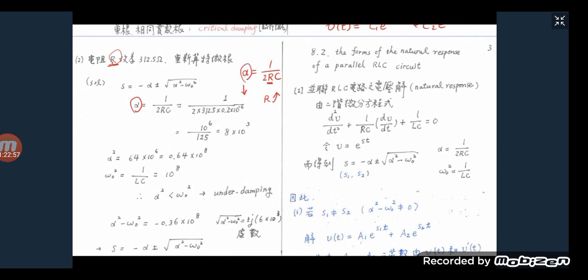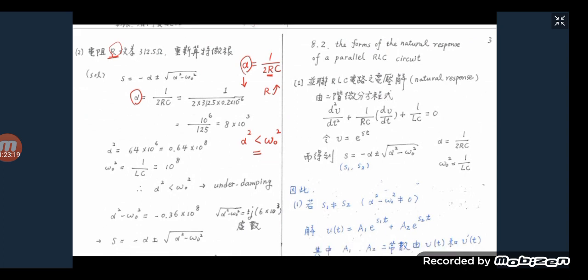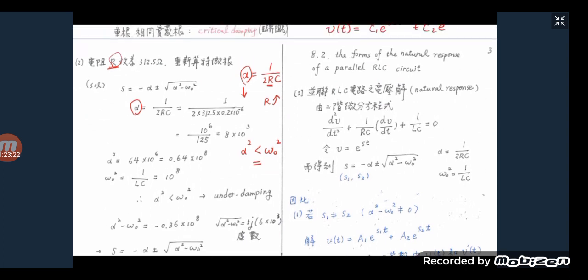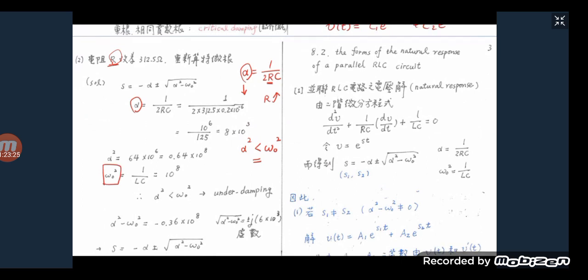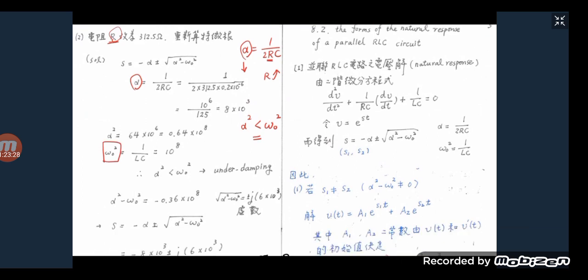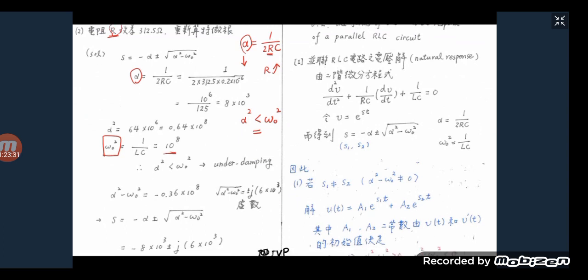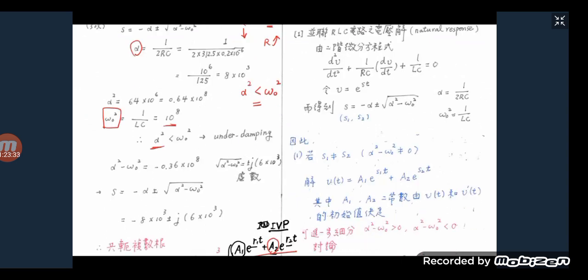When alpha is smaller, it becomes the case alpha squared smaller than or equal to omega 0 squared, so it might be critical damping or under damping. In this case, the resonant frequency is still kept the same.